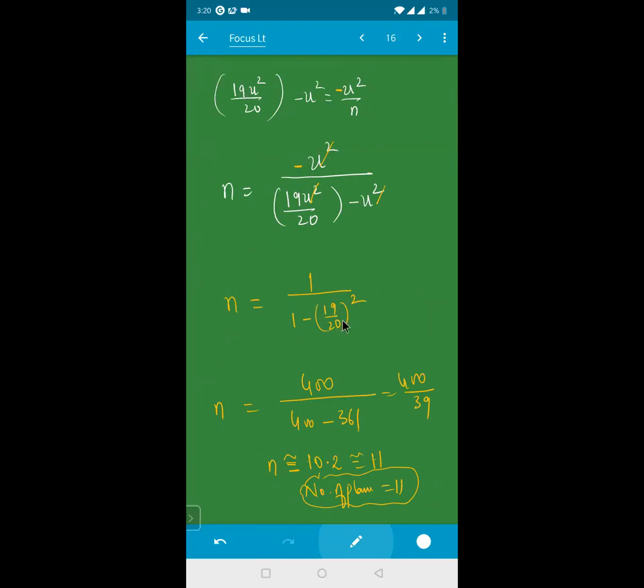Now this calculation is easily doable. You can do it out and simplify it. So the answer will be 10.2. That means it will cross 10 and enter into 11. So approximately I need a minimum of 11 planks to stop the body, velocity to be 0. Is it clear for everyone? Yes, sir. Clear? Yes, sir.